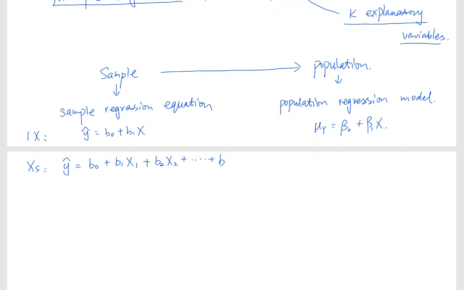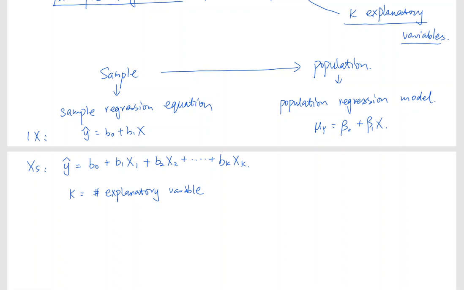For example, if you have k explanatory variables, then you will have bk times xk. So here k is the number of explanatory variables you want to include in your regression. For our example, we have two variables in our regression: the living area and the bedroom, right?